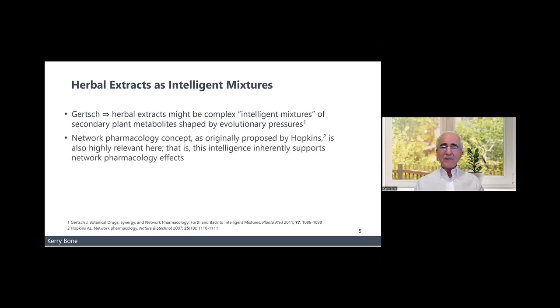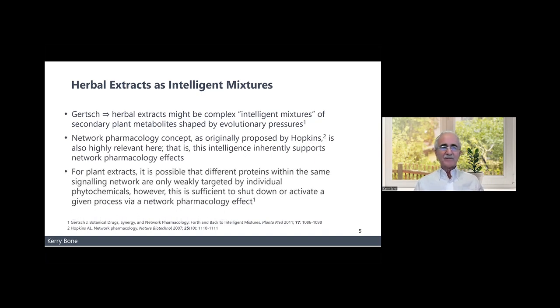The network pharmacology concept is also highly relevant here, because this intelligence inherently supports network pharmacology effects. What I'm saying is that because it's an intelligent mixture, it's way more likely to demonstrate a network pharmacology effect in the human body than just a random mixture of chemicals that we might throw together ourselves.